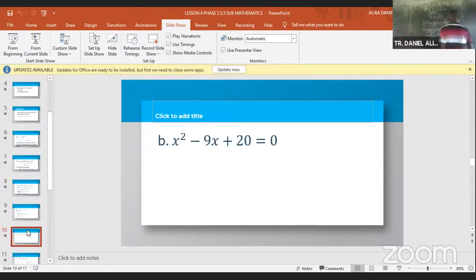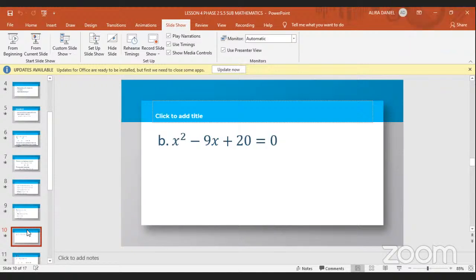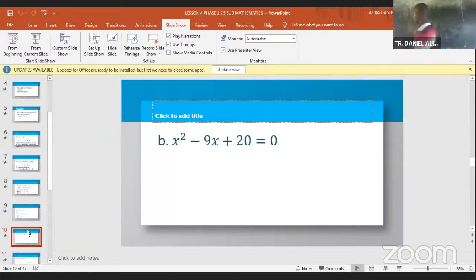Strategy number 2 says solve the equation x squared minus 9x plus 20 equals 0.